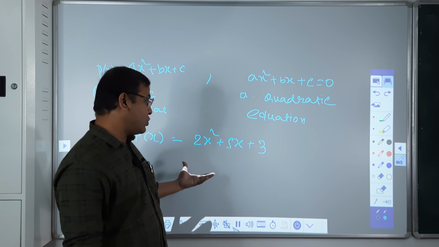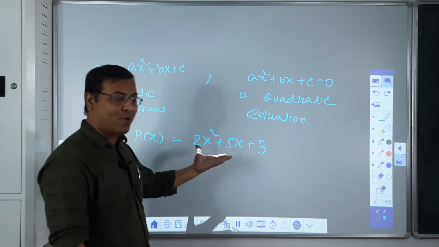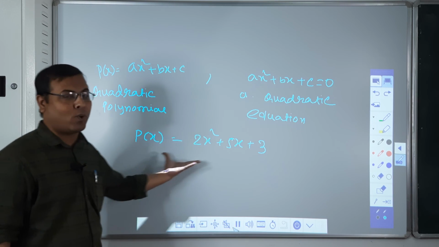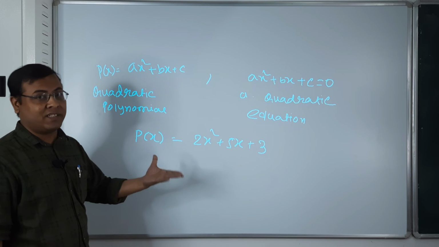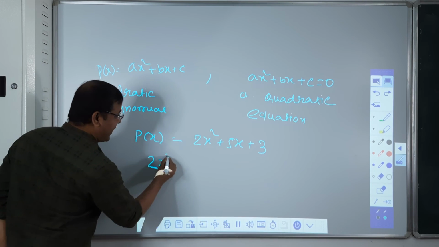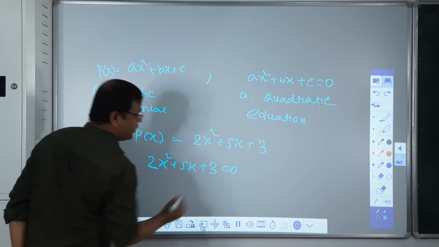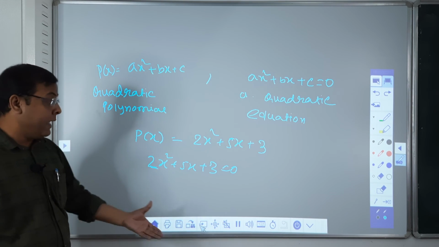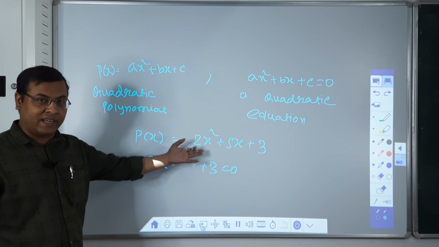Then if the question is find the zeros or root of this polynomial, you have to consider the quadratic equation. That means you have to consider 2x square plus 5x plus 3 equal to 0, and then solve this equation. You get the zeros of the original polynomial.